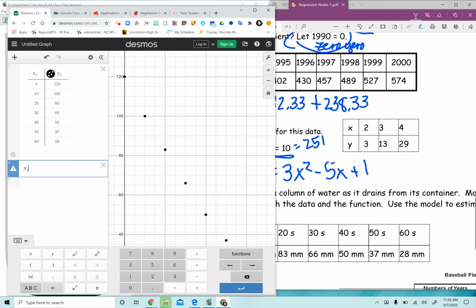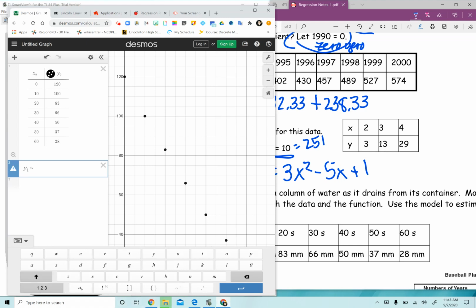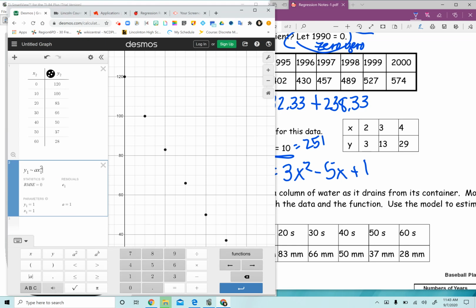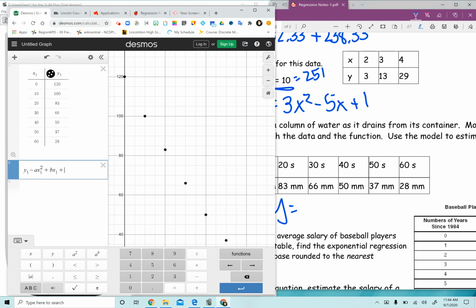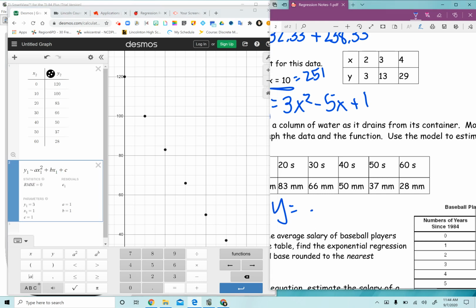Y1 AX1 squared plus BX1 plus C. So our equation is y equals 3, A's 1, so y equals, oh, that should be a C. Let's try that again. So y equals x squared plus x plus 1.